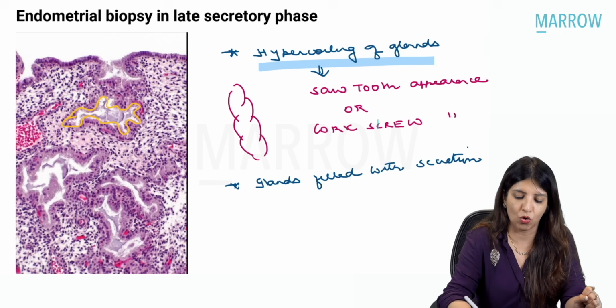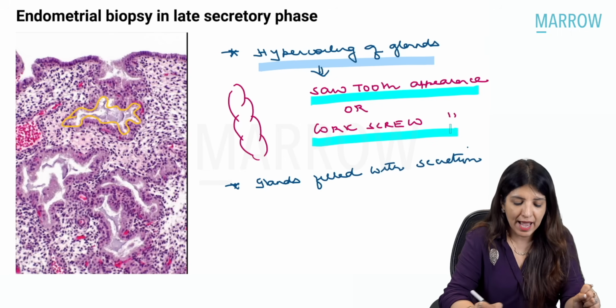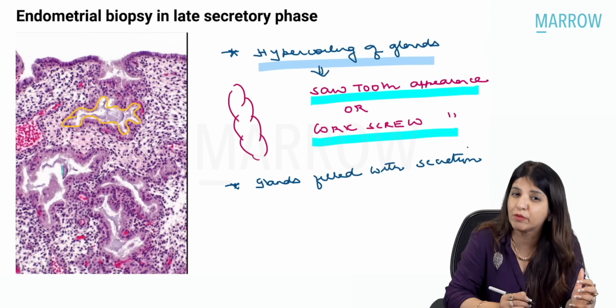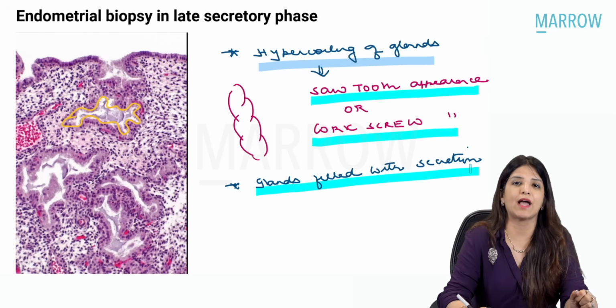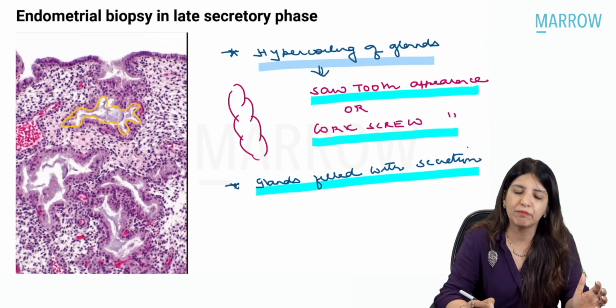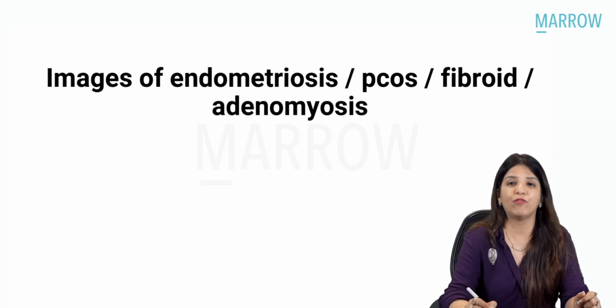This is what is called sawtooth appearance or corkscrew appearance of the glands. And inside the glands you are seeing this white colored material, that is, glands are filled with secretions. So if you are seeing hypercoiled glands filled with secretions, that means this is an endometrial biopsy taken in the late secretory phase.